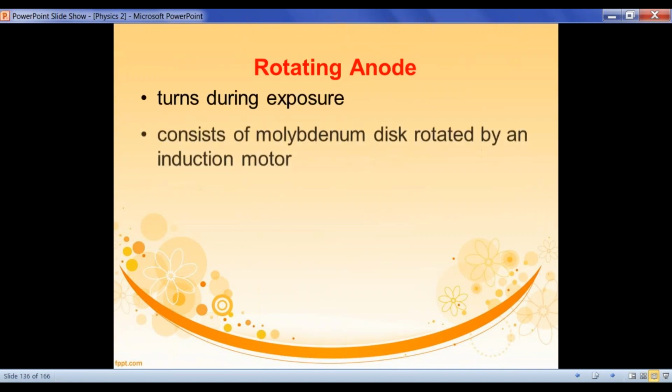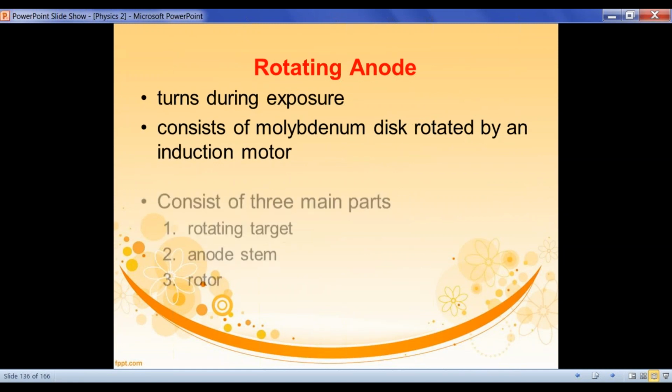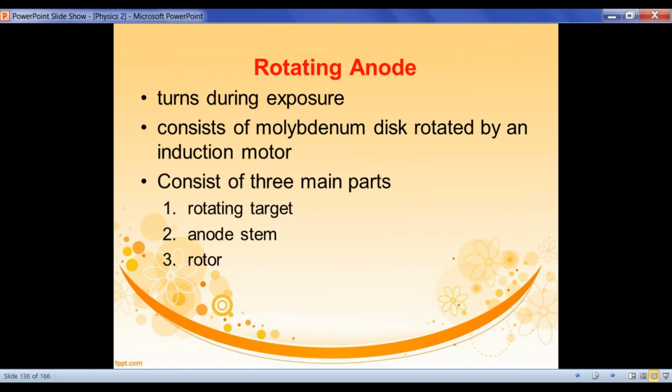Yung rotating anode naman po, nag-rotate po siya. Regularly, it will have 3,400 revolutions per minute. Yung mga modern po na X-ray units, umaabot po hanggang 10,000 revolutions per minute. Mas efficient po siya and lahat po ng part ng anode ay pwedeng tamaan ng electrons dahil nagro-rotate po siya.